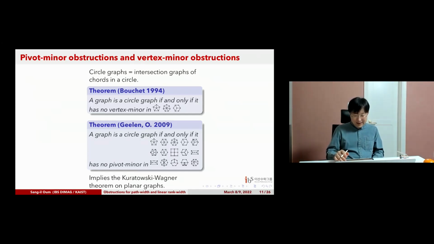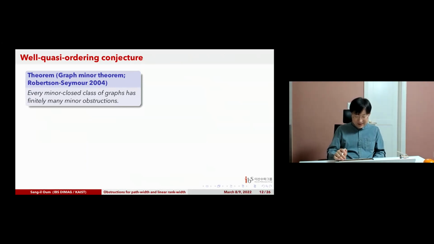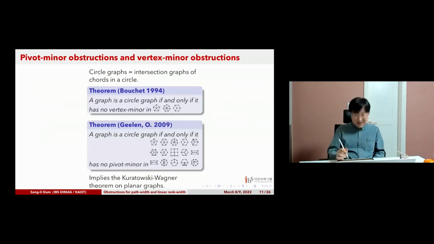And in fact, you can actually prove the theorem on planar graphs from here. And the key thing is that these are related to the fundamental graph of binary matroid. So for pivot minors, a bipartite graph stays bipartite when you take a pivot minor.